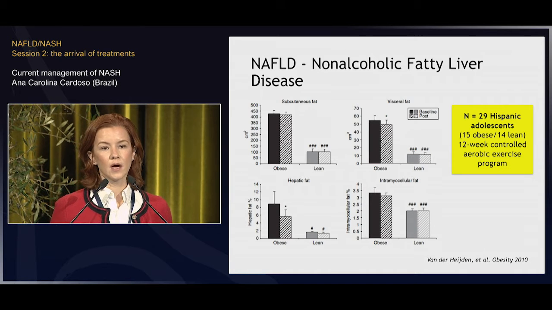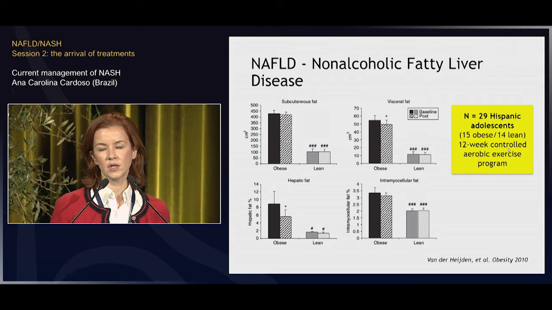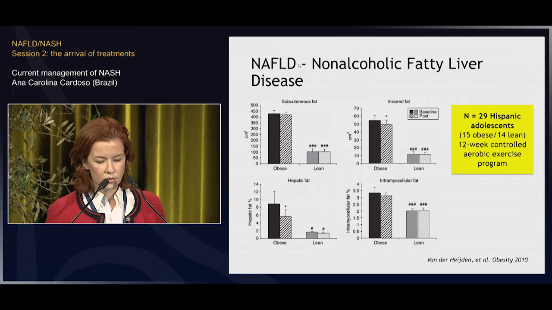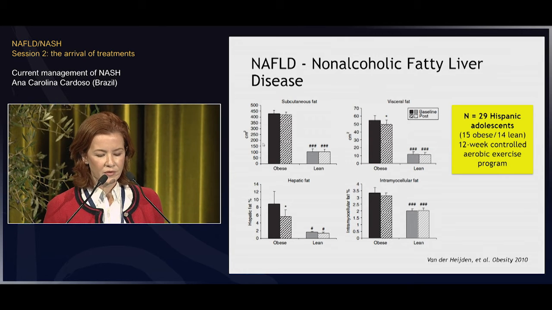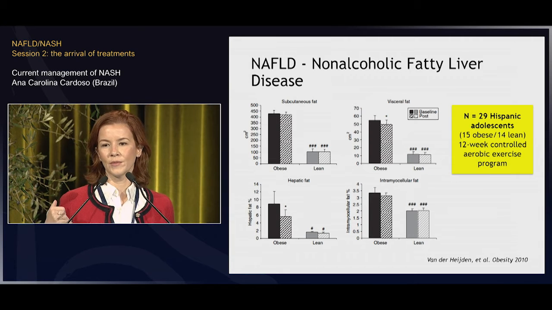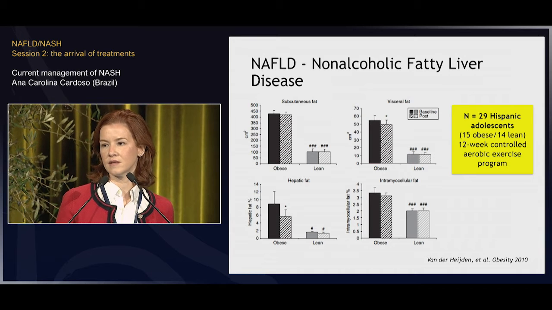This work shows the results of a controlled aerobic exercise program of 12 weeks for 29 teenagers, 15 of them obese and 14 lean patients. We can see a reduction in subcutaneous fat, visceral fat, hepatic fat, and intramuscular fat, showing that, of course, it's not a program that we should do just for 12 weeks, but showing the impact that exercise can have in the population.